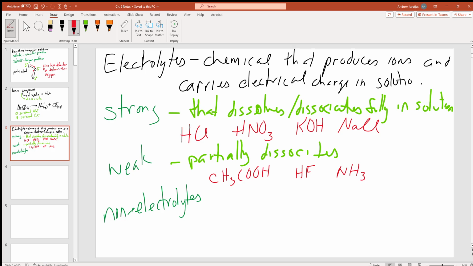Now, without getting into things we haven't covered yet, just to provide some additional information if you have seen these things: if you're familiar with weak acids or weak bases, strong acids, strong bases, you'll see that there's a lot of overlap between strong acids and strong electrolytes, strong bases and strong electrolytes, and the same thing for weak. Many weak acids and weak bases are weak electrolytes.